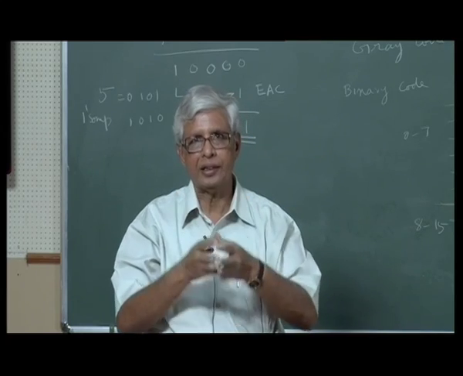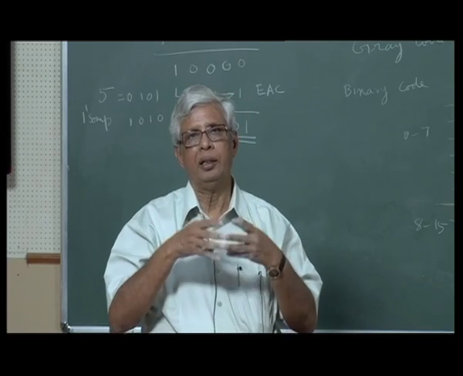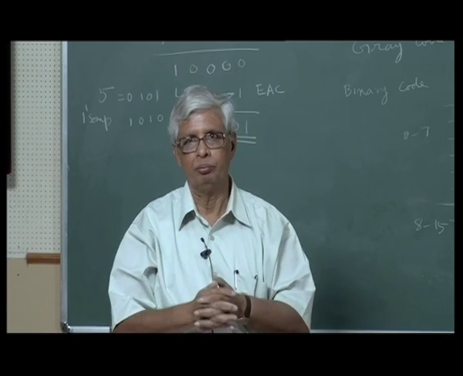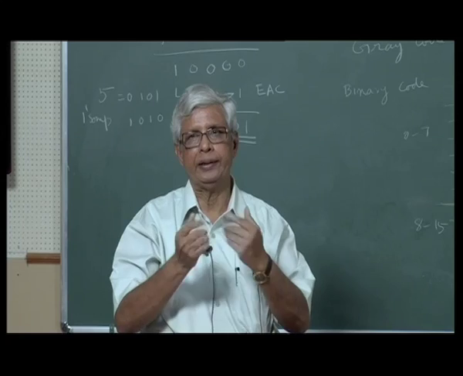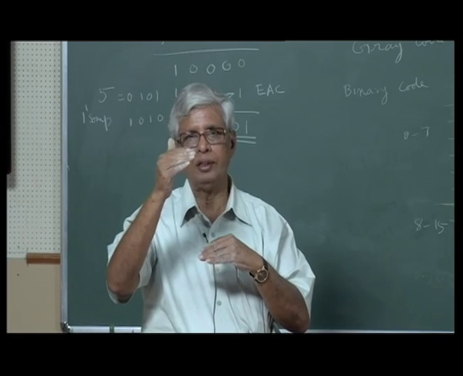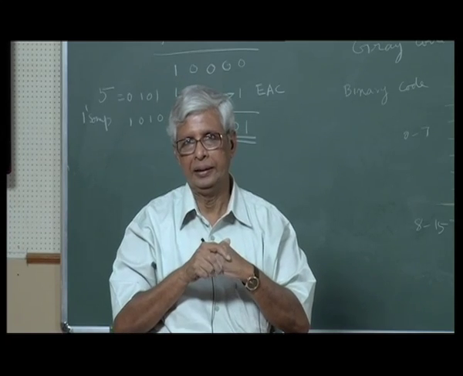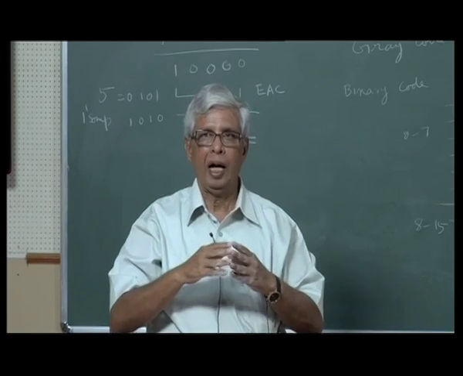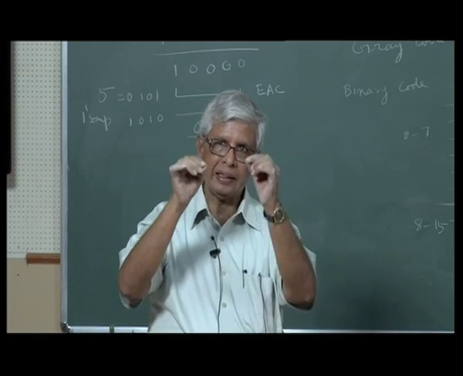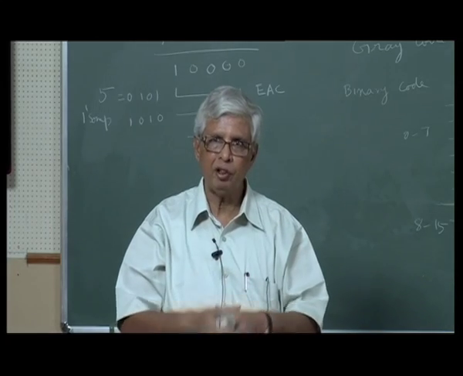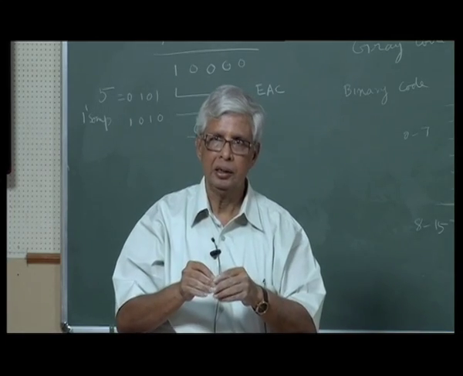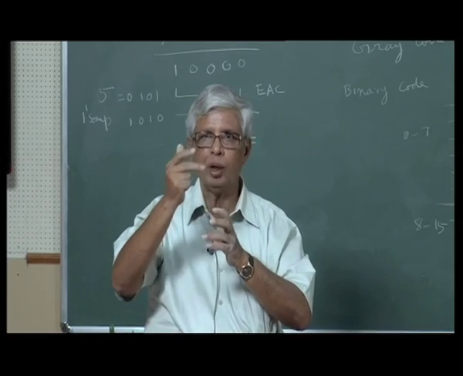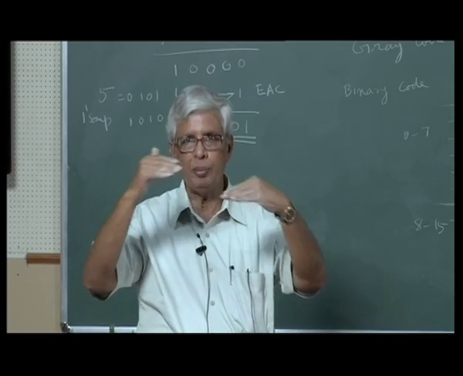This is some transistor or a flip-flop or some other device which will make a change from 1 level to 0 level. This change cannot occur all at the same time. However matched these transistors are, however matched these flip-flops are, there is always a minor difference in time between one change and the next, for the same 3 bits to change.